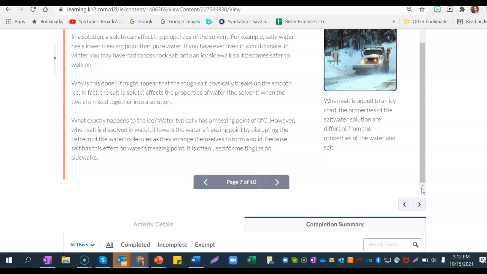It affects the properties. So that is the answer. So we're not always talking about salt water. There's other solutes and solvents that can obviously be affected as well. And so you want to just make sure you understand that it affects the properties of the solution or the solvent.